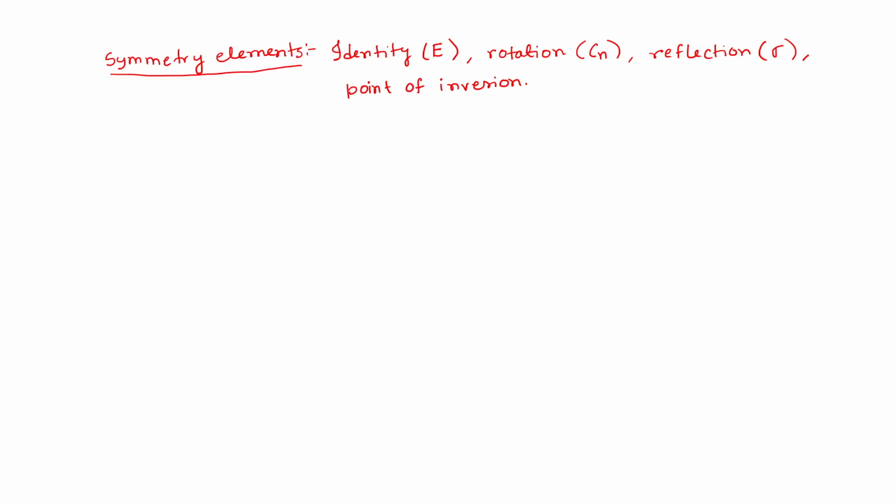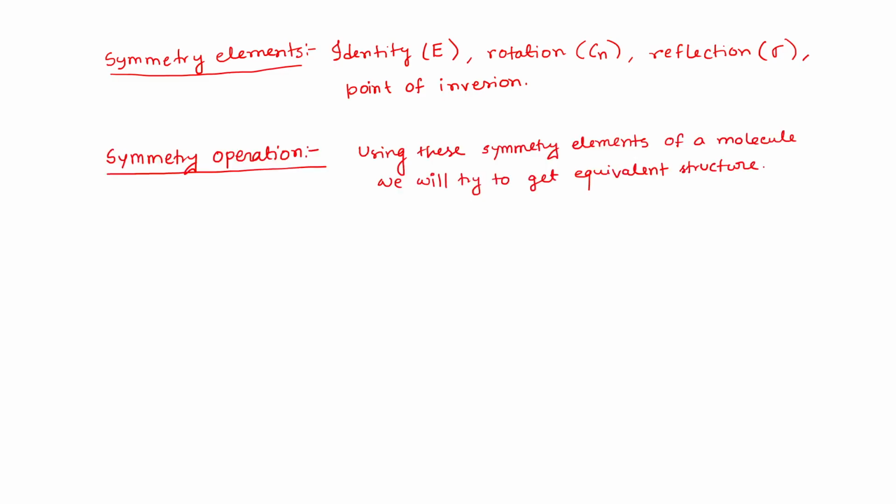Obviously, for a centrosymmetric molecule, you may have I. I is the point of inversion, which may or may not be there everywhere. Which symmetry elements are there in a molecule will determine its point group, right? That's the starting point.